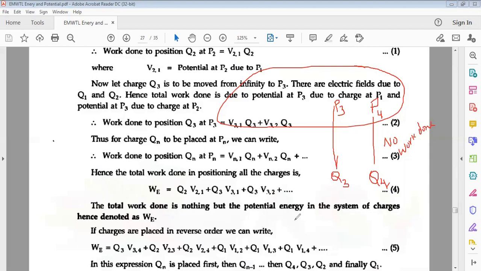The work done in placing Q3 at P3 is equal to V34 times the charge, which is Q3. Then bring the Q2 charge and place it at position P2.